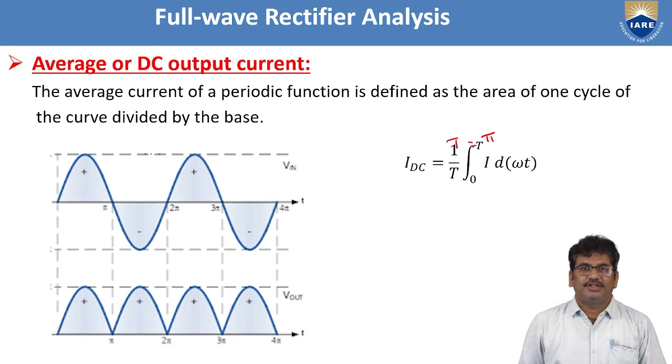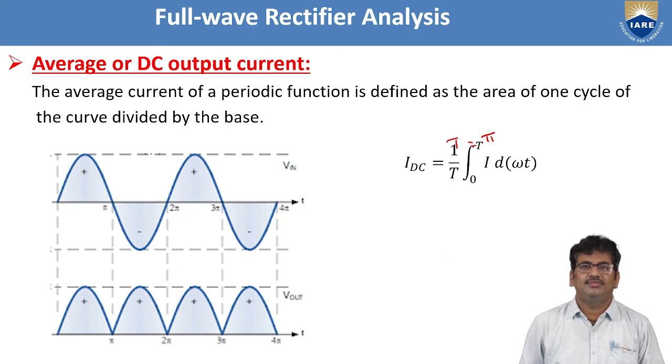The IDC expression can be written as 1 by T integral 0 to T of I d omega t, where T is pi. During this time, the current I is equivalent to Im sin omega t.